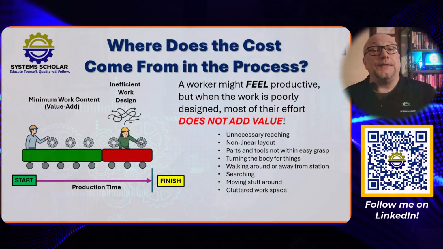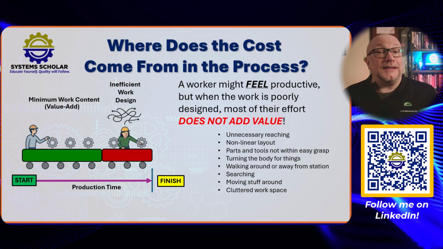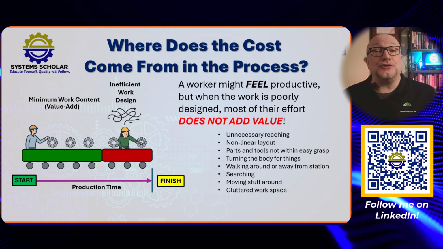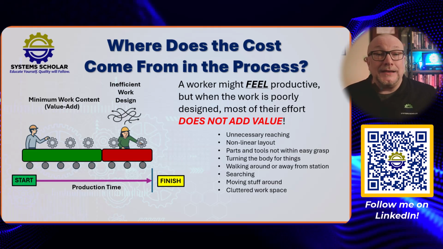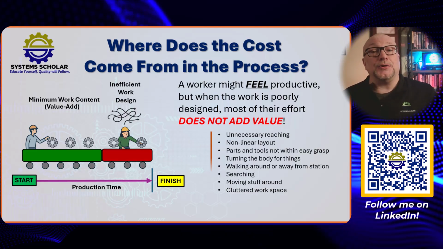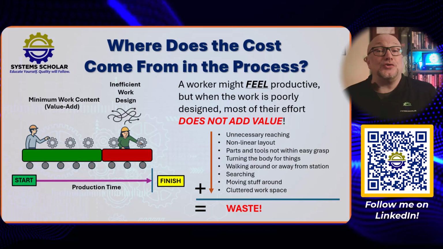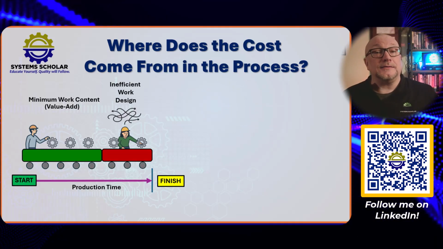But all that extra movement doesn't add any value at all. These include things such as unnecessary reaching, nonlinear layout, turning the body, searching, moving things around, amongst others. None of these transform the product in a way the customer is willing to pay for. So each one, by definition, is waste.